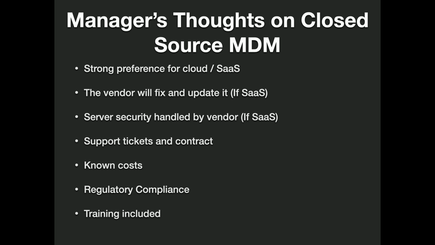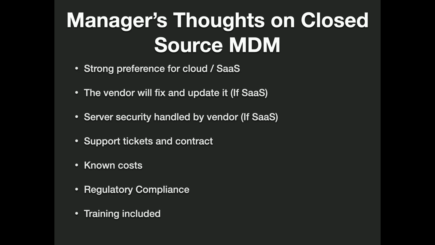Support tickets and contracts. Anything goes wrong, again, I have somebody to point a finger at and say, you need to fix the thing. I already mentioned known costs. Here's something else in a corporate environment. Regulatory compliance. The larger you are, the more regulations you'll have. We've all heard of GDPR, SOC 2, HIPAA, et cetera.